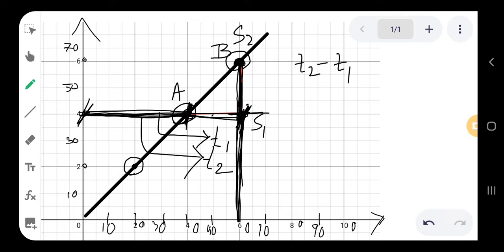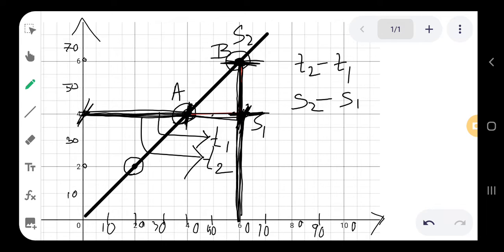From the bottom to this much is S1, and this to this is my S2. So if I subtract S2 minus S1, will I get this to this? Yes. So this is my distance covered from A to B, that is S2 minus S1.